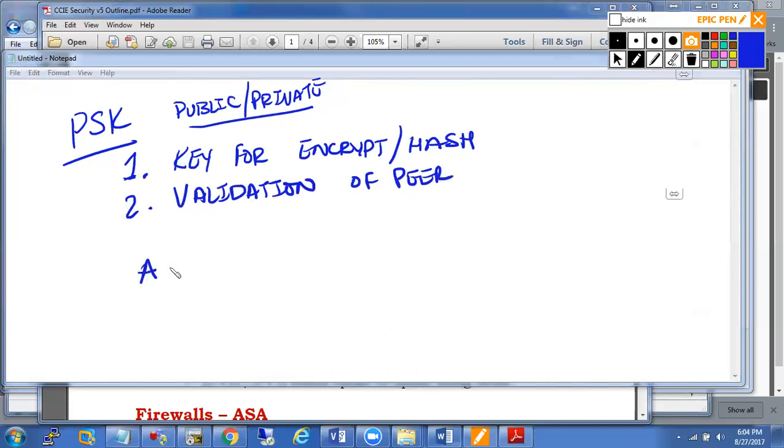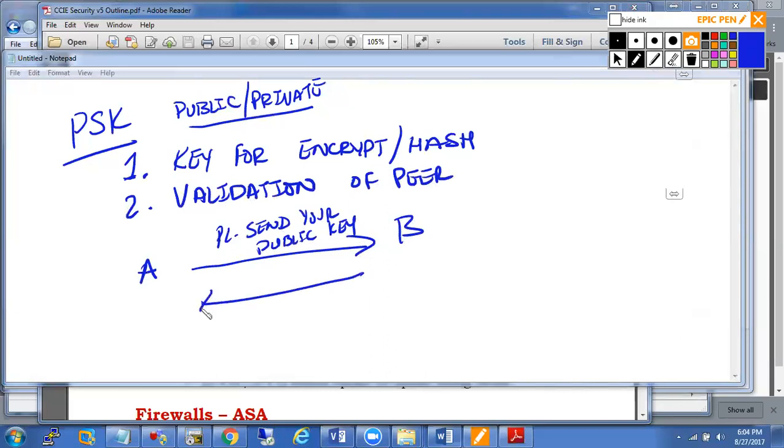If you take a look at it, A will ask B, please send your public key. He sends his public key. How does A know that that is really B over there?